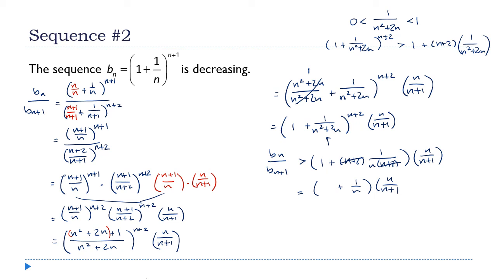And if I do a common denominator here, make this n over n, then this is n plus 1 over n times n over n plus 1. And look, the exact same nice thing happened. That's just 1. Multiply both sides by bn plus 1, which is fair because the b's are all positive. So then I get bn is greater than bn plus 1, which is what I needed to show. The numbers are getting smaller as we go along, which means this sequence is decreasing.